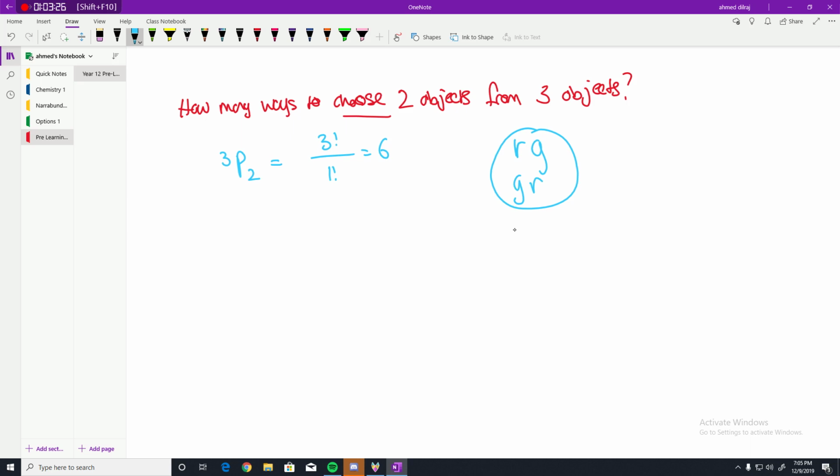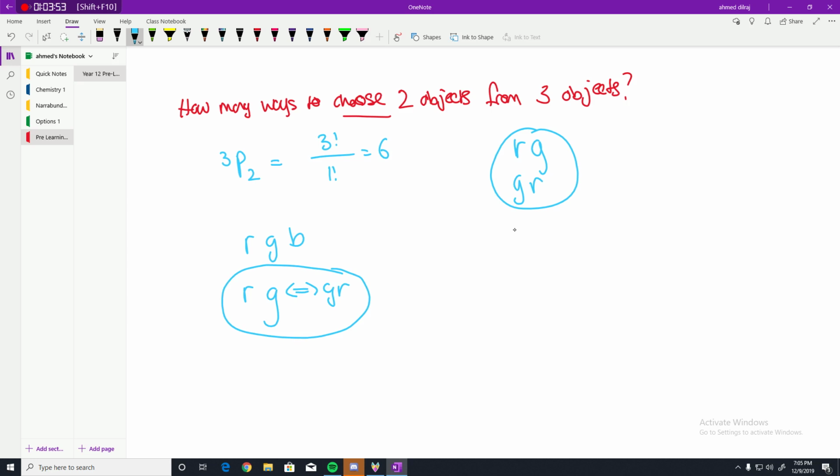Let's say I had 3 markers: red, green, blue, and I picked red and then green. That's how I arranged them. But when we're arranging, this is different to green and then red. So what do I have to divide by to make sure they're counted as one thing?